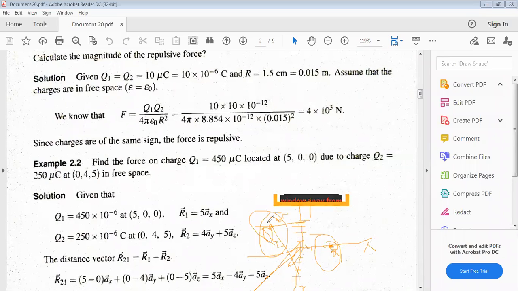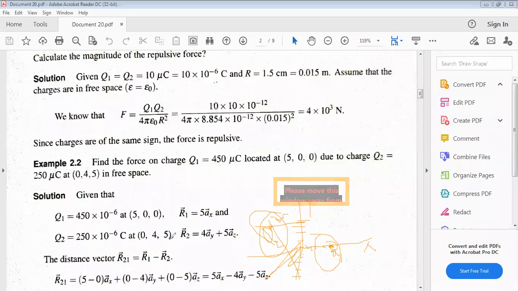See here, I have to consolidate Q1 and Q2 with charges and distances, right? Q1 equals 450 microcoulombs at a distance of 5, 0, 0. That is R1 equal to how much? How much distance from the origin? 5ax, right? 5 because y and z are both 0. Q2 equals 250 microcoulombs located at 0, 4, 5.